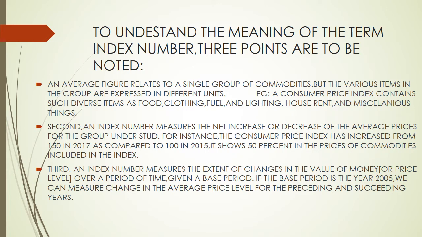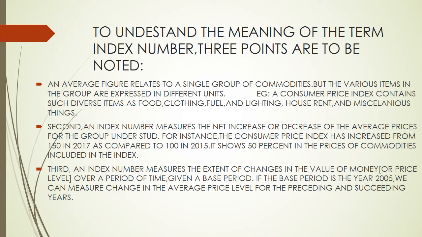So we take a single group of commodities, but it may have various items in the group. When we want to calculate the consumer price index, that is, the value of money in the consumers' commodities, we have so many items like food, clothing, fuel, lighting, house rent, miscellaneous things. Miscellaneous means extra and other things. So we use a single group of commodities to figure out the changes.